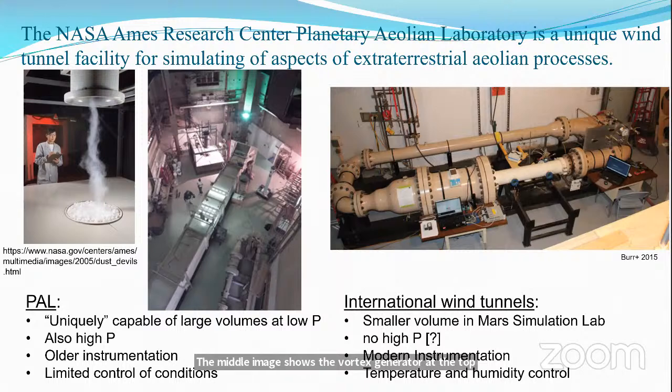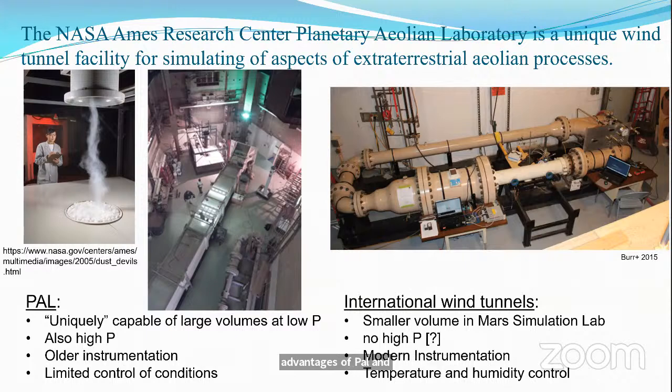And then in the middle of the photograph is the Mars surface wind tunnel. And then the lower right of that middle photograph is the Venus wind tunnel. And then the image on the far right shows the Venus wind tunnel, which has been used most recently for Titan work. The bottom text on this slide gives some of the unique advantages of PAL.